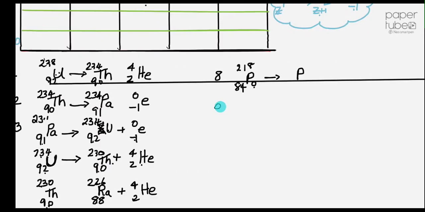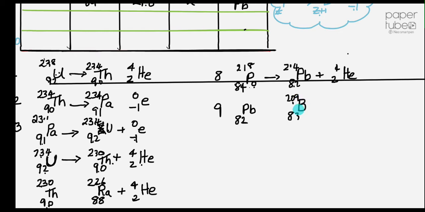Now I'm at question number 9. Lead goes to bismuth. Again, page 526 will tell you that bismuth is 83, 209. So that's 82. Lead, PB, is 82. We got it from up here. 83, 209 is bismuth. So how do you change an 83 to an 82?